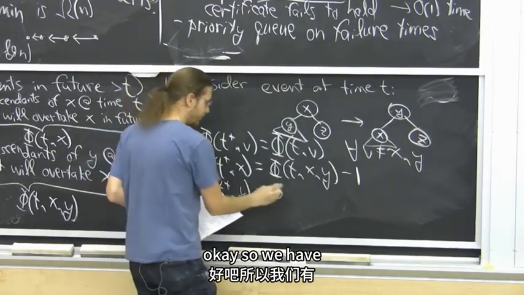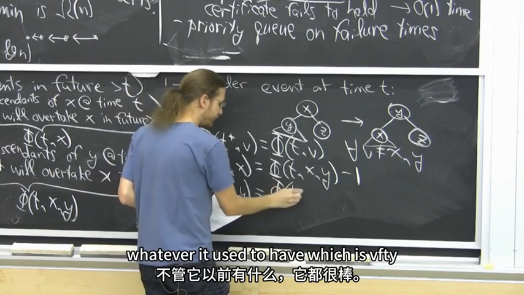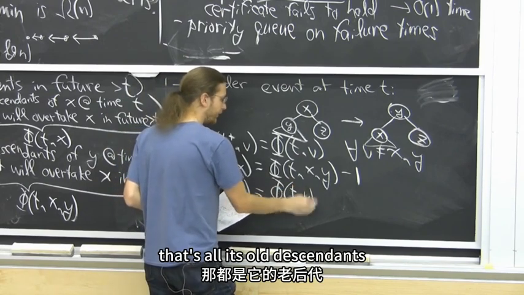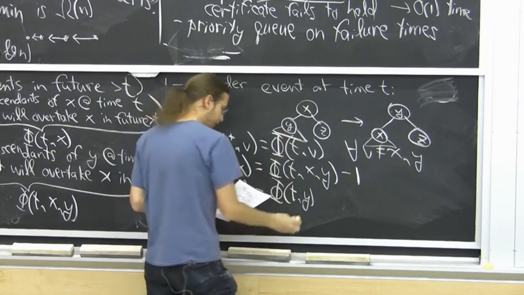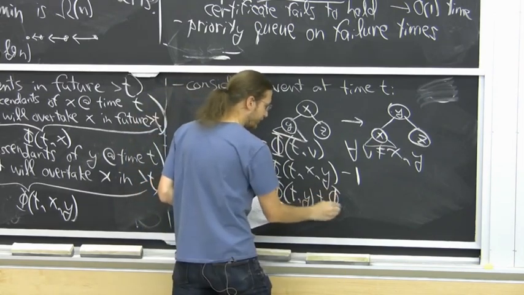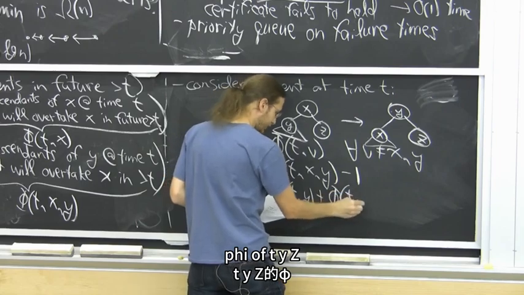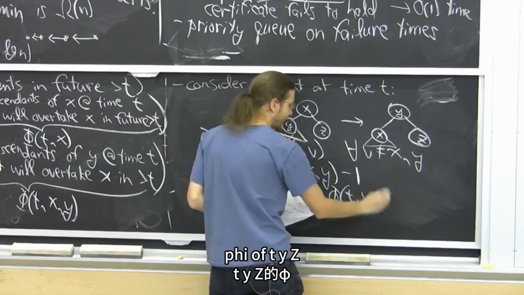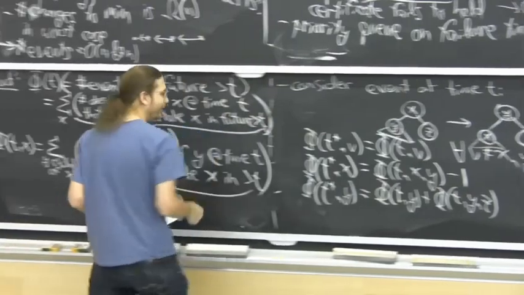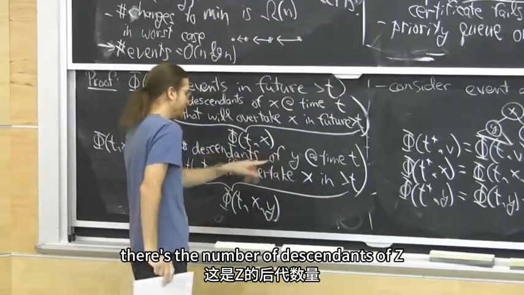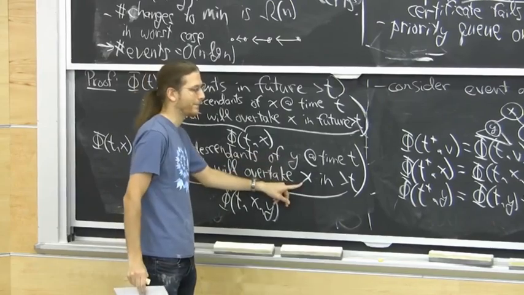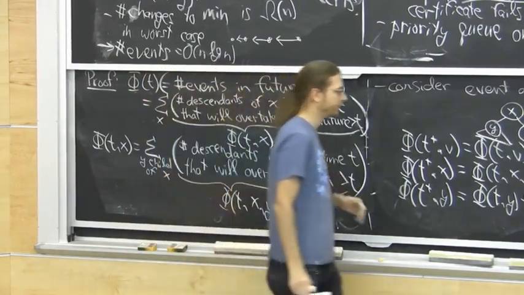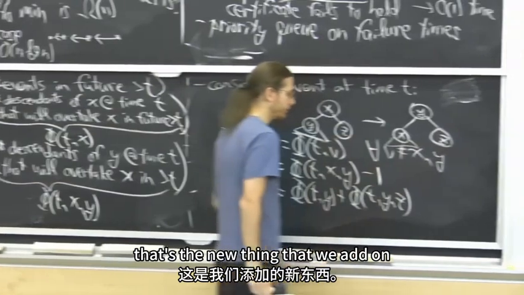So we have whatever it used to have, which is phi of t y, all its old descendants, and now this new thing, phi of t y z. That's the number of descendants of z that will overtake y. That's the new thing that we add on.